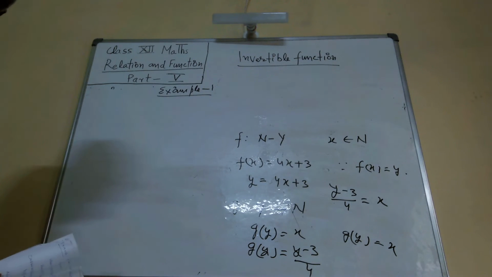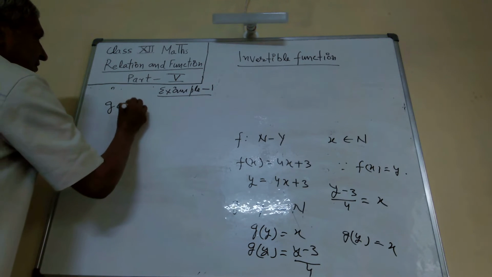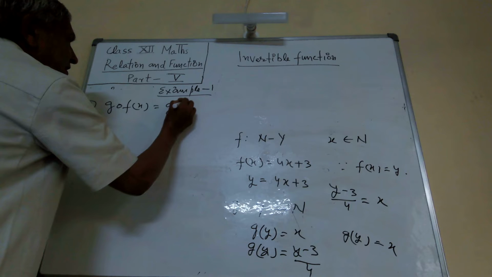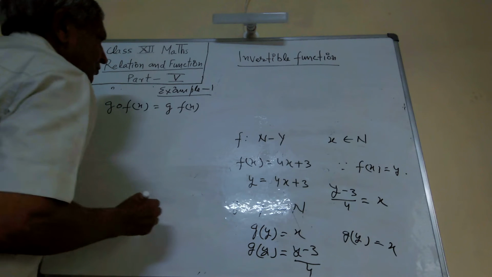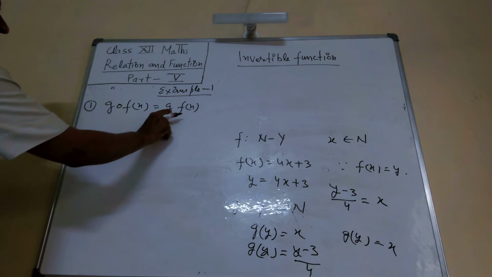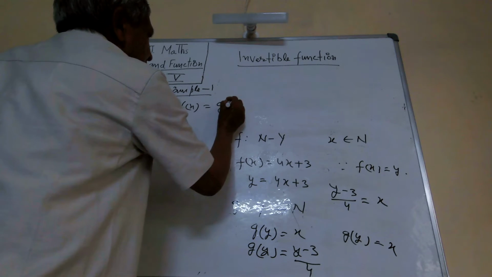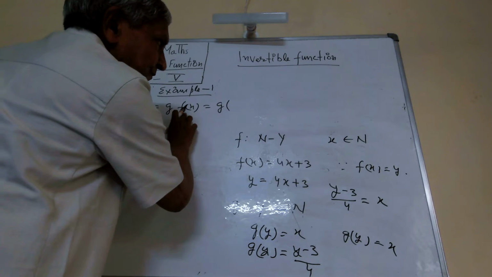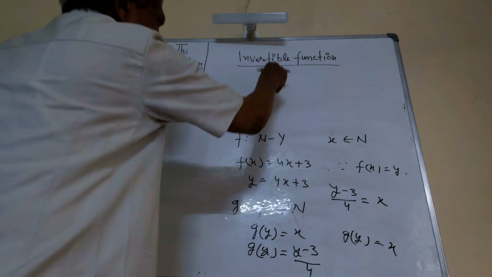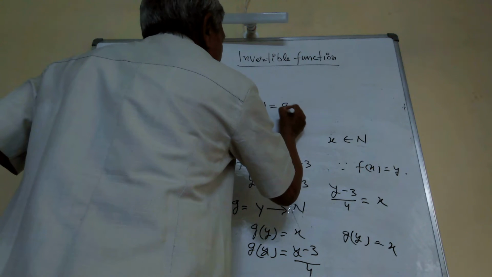The first condition is g∘f(x), which is equal to g(f(x)). As I have told you before in the first part, g∘f(x) can be written as g(f(x)). What is the value of f(x)? 4x plus 3, as given in the statement. And this is equal to g(y).